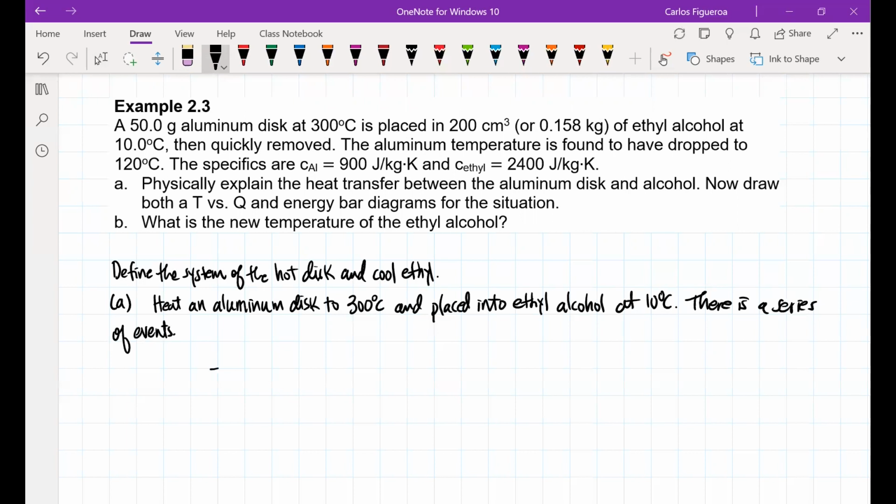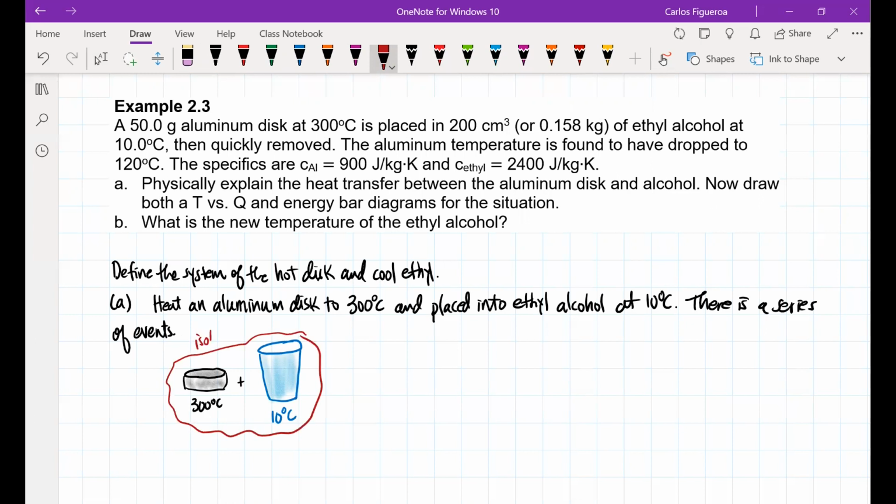I have a disk, and we know that this disk is at 300 degrees C. Then we're going to put it into ethyl alcohol, a container, and this is at 10 degrees C. And what we're going to do here is that this is our system. So this is an isolated system.